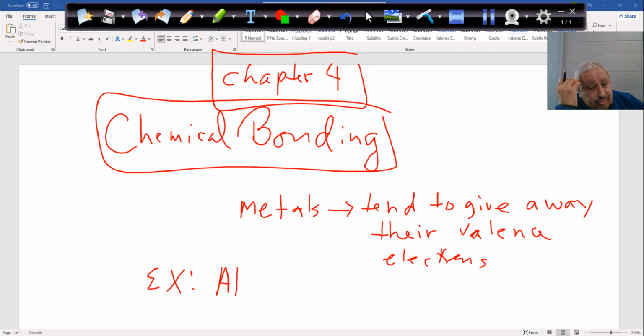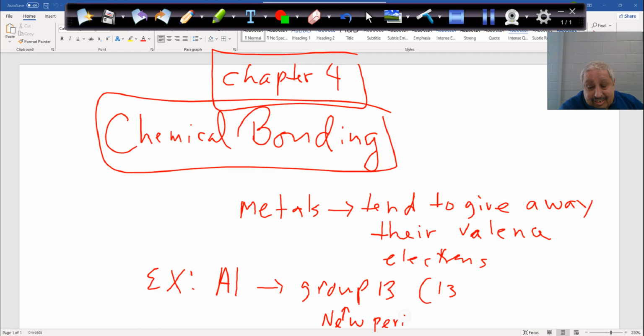So aluminum is in group 13, of course, groups going from the top to the bottom. Group 13 is in the new periodic table.